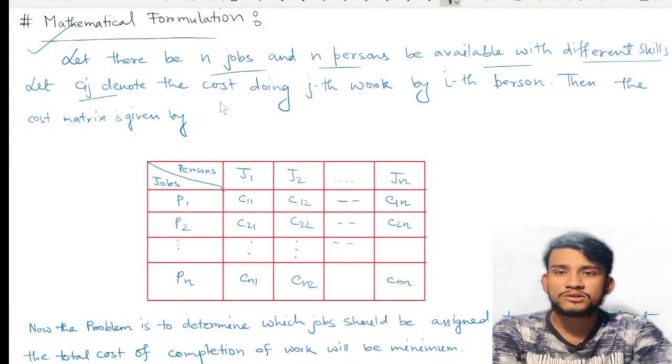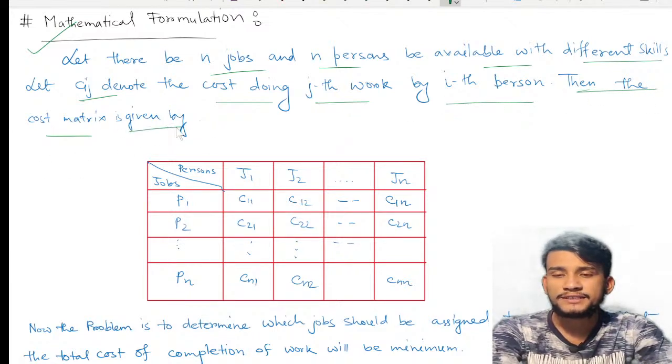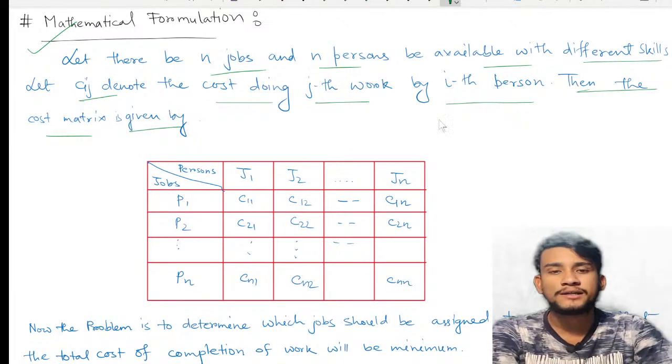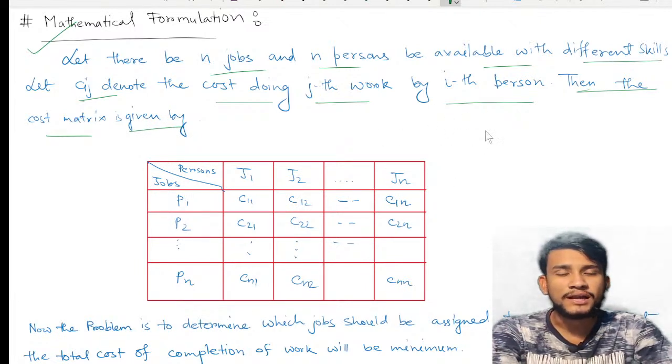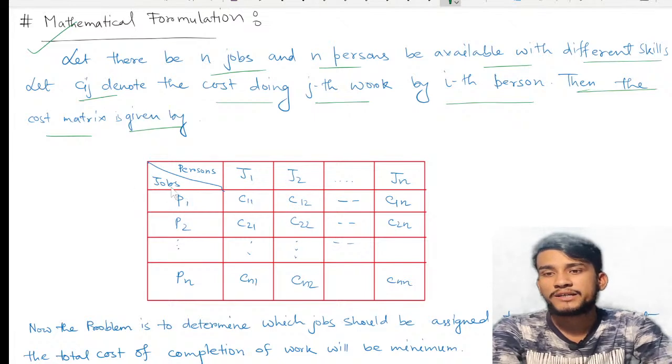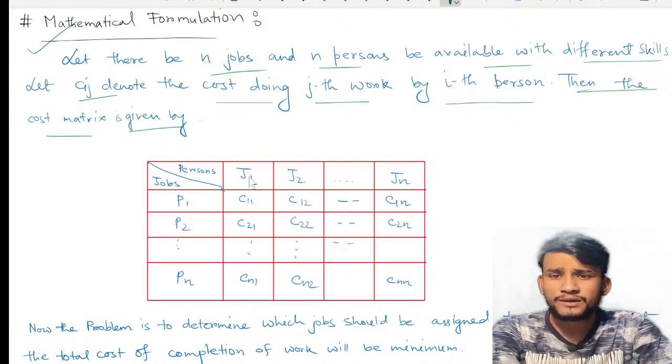Let Cij denote the cost of doing the jth job by the ith person. Then the cost matrix is given like this. The question is which job should be assigned to which person so that the company's profit is maximum. P1, P2, ..., Pn are the persons, and J1, J2, ..., Jn are the n jobs.